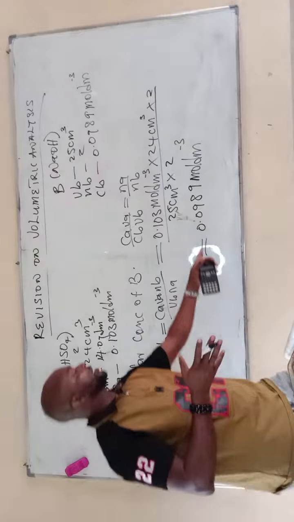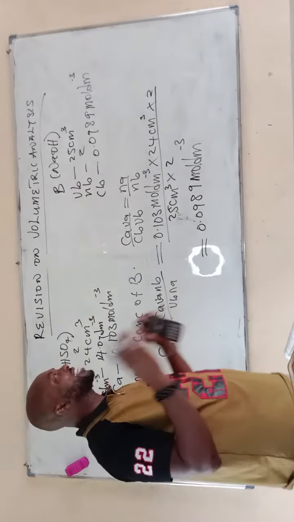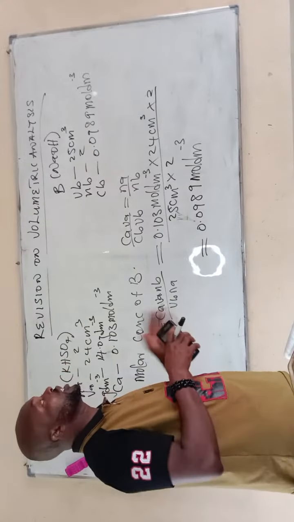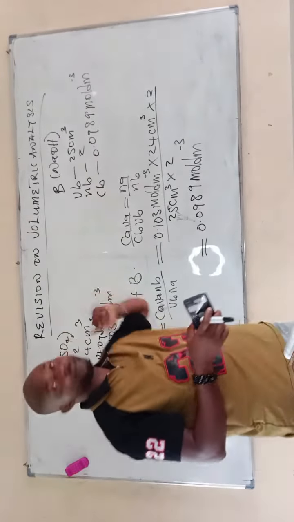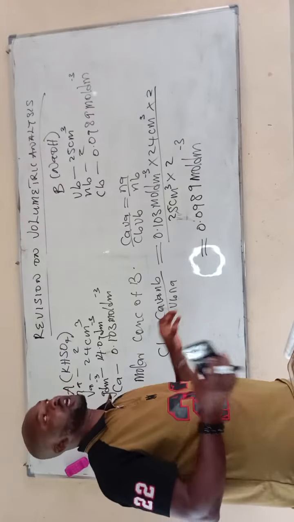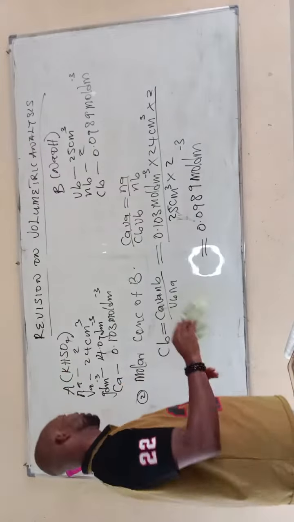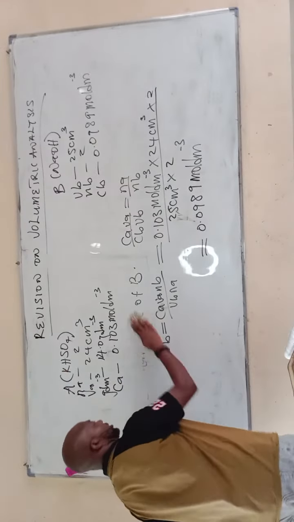So having gotten this, now we go back to the main question. We should get the mass concentration of what? The base. The mass concentration, which can now become molar concentration times relative molecular mass. So that's how we go about it. So I'm going to take this out to now answer what is required of me. So let me take this and we go about solving the last one.